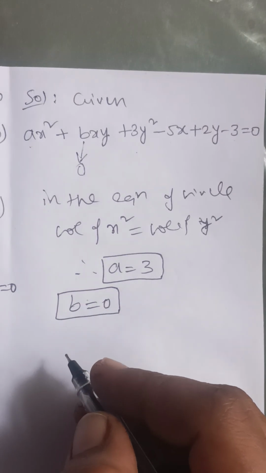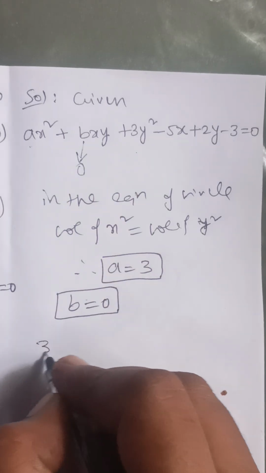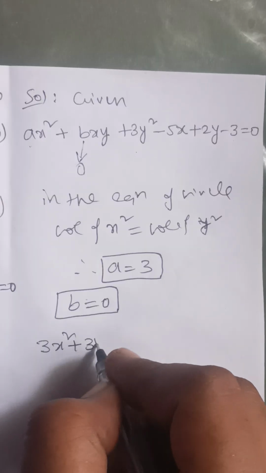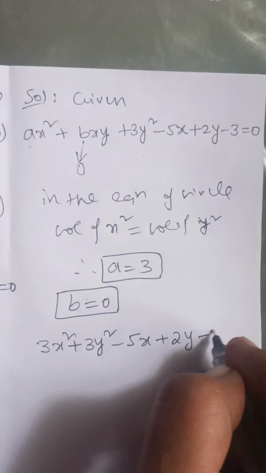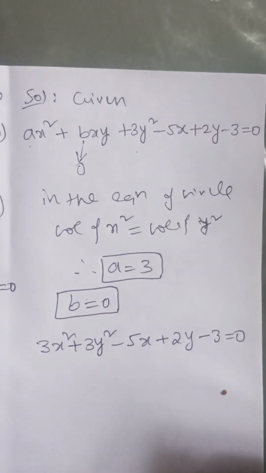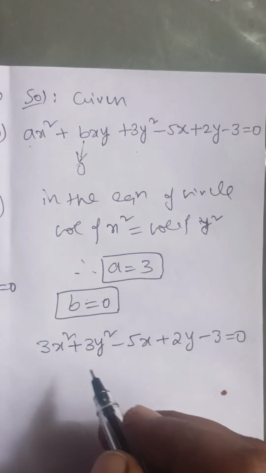Next, radius and center. Substitute these two in the above equation. So 3x square plus 3y square minus 5x plus 2y minus 3 equal to 0. But to find the center and radius, the x square and y square coefficients must be 1.